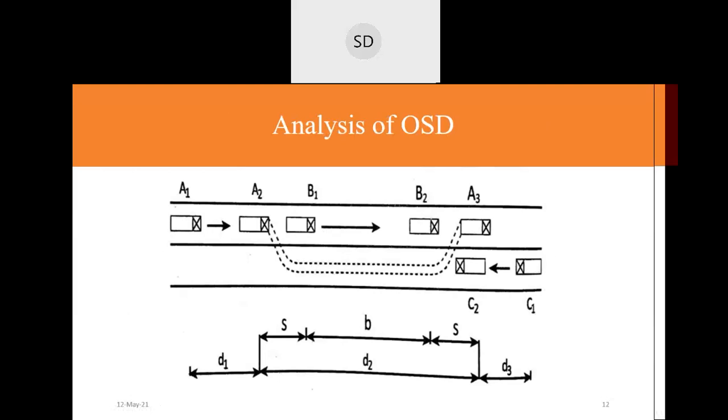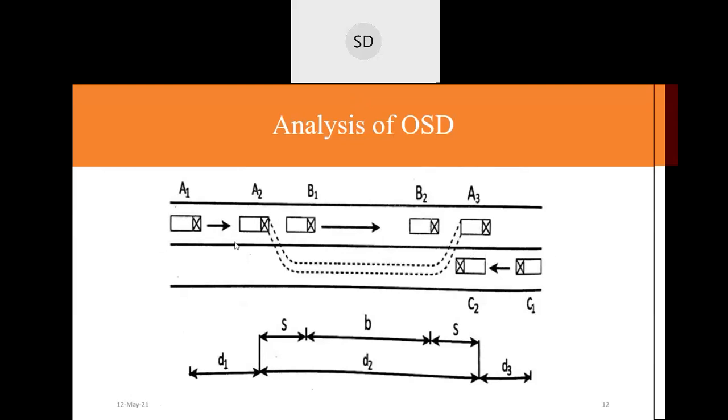Now this is an ideal scenario for the overtaking sight distance considerations. Basically it is a two-lane two-way road.